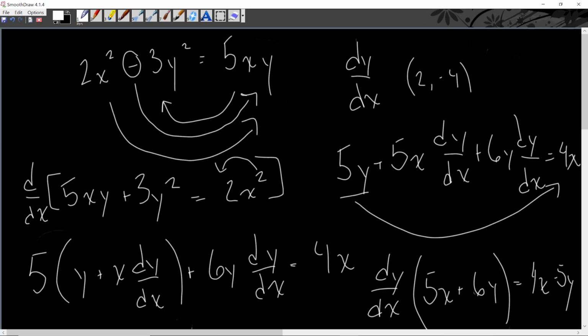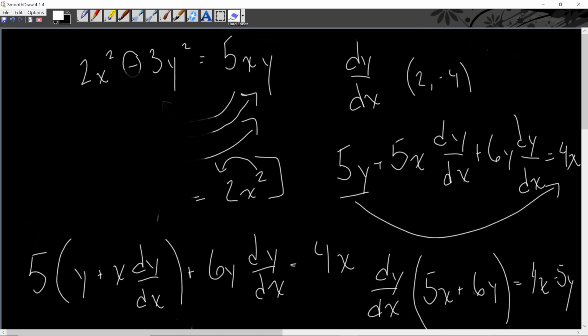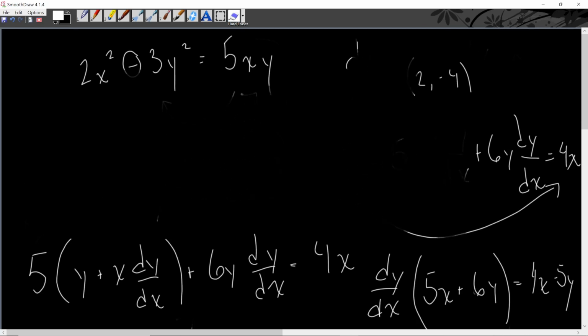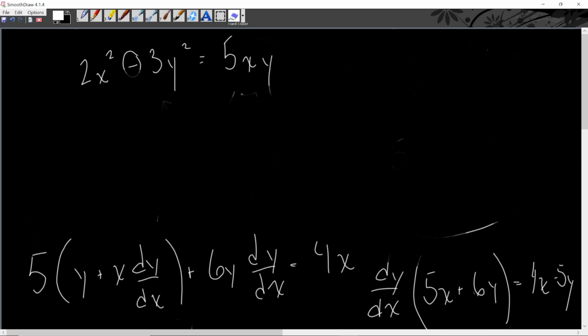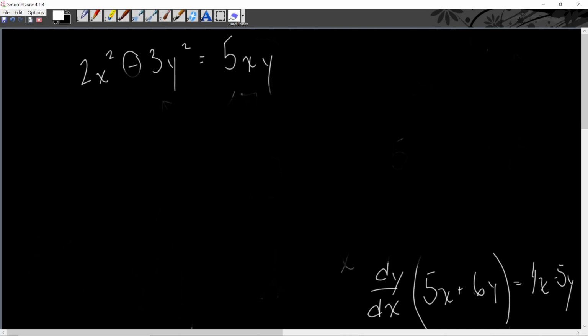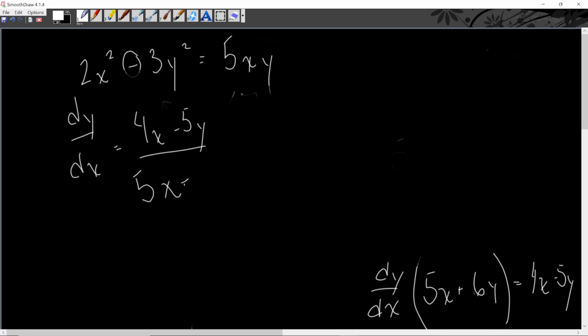And then let's plug everything in. We have dy dx is equal to 4x minus 5y all over 5x plus 6y.